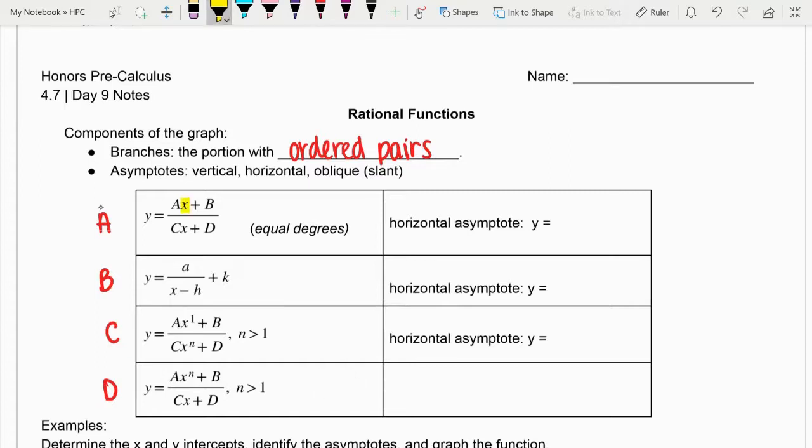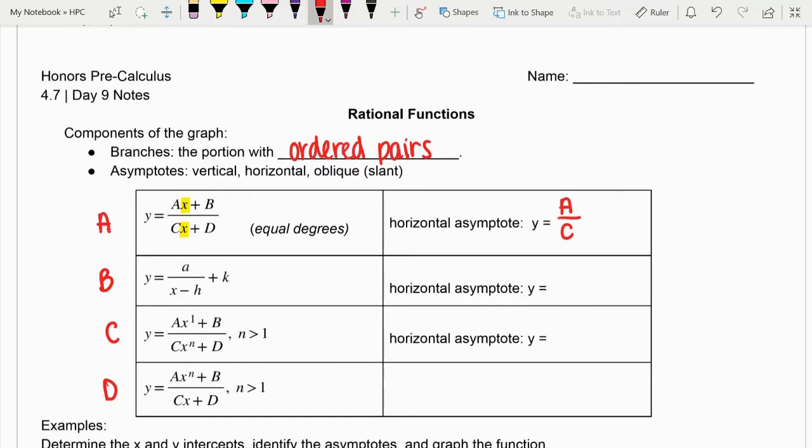So we both have, in this example, x to the first power. Okay, but this could be the same if we had like 2x cubed on the top and 4x cubed on the bottom. That would still be like example A, where the degrees on the top and the bottom are the same. So when this is the case, our horizontal asymptote is going to be equal to a over c.